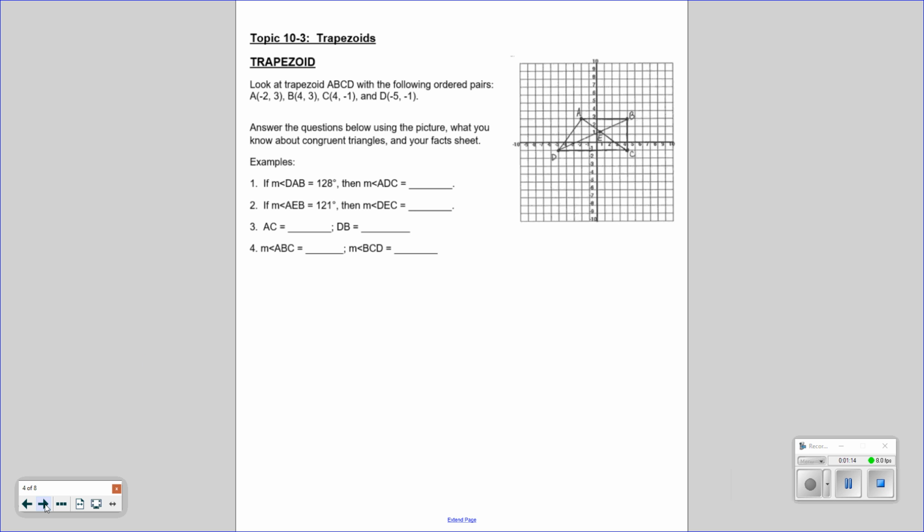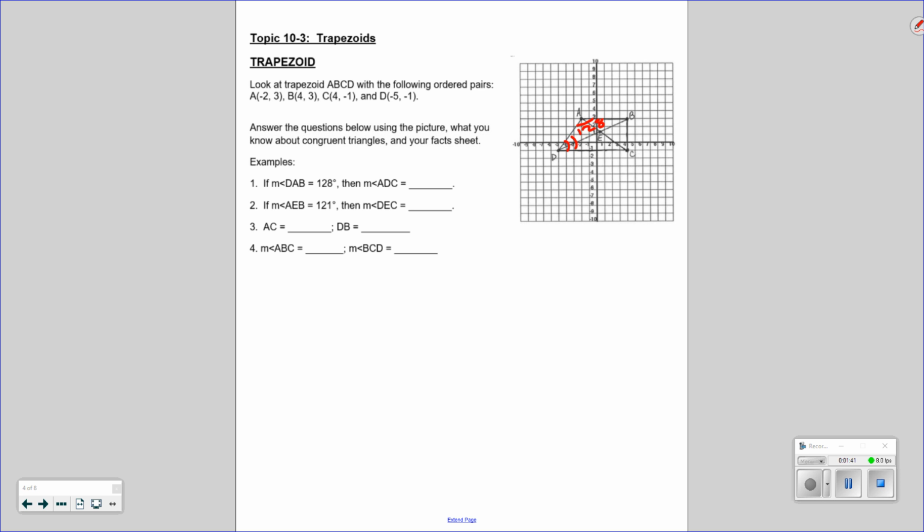All right, so last we're going to look at trapezoids. Remember, by definition, a trapezoid is a quadrilateral with one pair of parallel sides. So let's look at this trapezoid ABCD. And first we have example 1 says if the measure of angle DAB is 128 degrees, so that's this angle here, then the measure of angle ADC should be what?